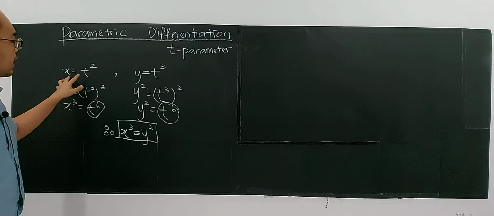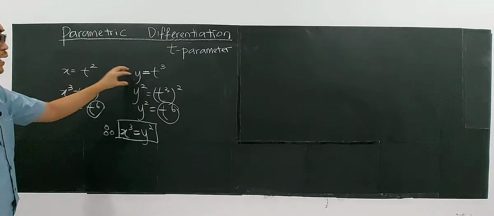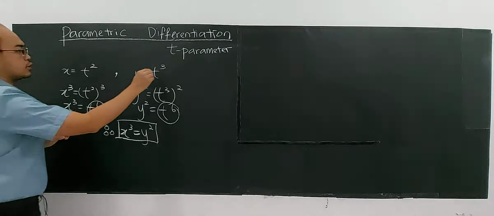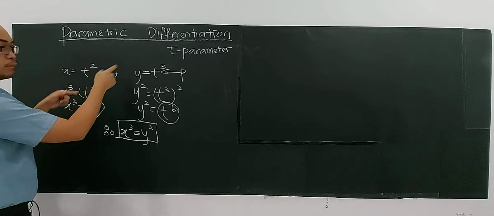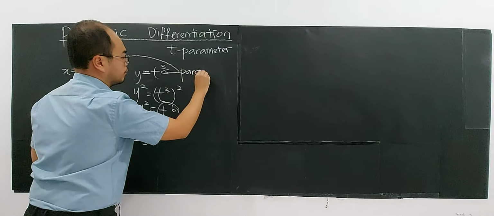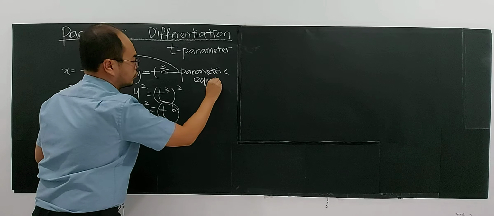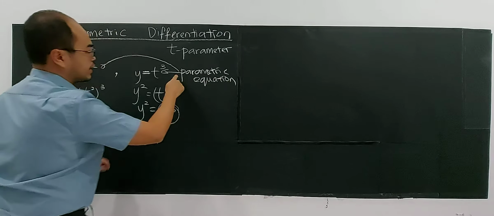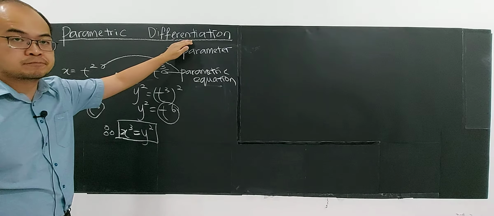But for this, x relates to t and y relates to t. They are not related directly. This is called a parametric equation. The x and y in terms of t, we name it a parametric equation. The way of differentiating a parametric equation is by using parametric differentiation.